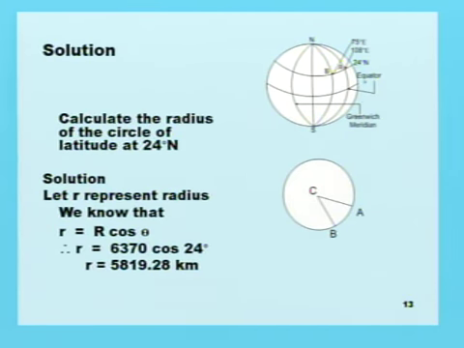Substituting the values, we'll have small r is equal to 6,370 cos 24 degrees, which will give us 5,819.28 kilometers. And if you look at the diagram, it will help you to see the position of what is small r and what is big R. Remember that big R is the radius of the earth, 6,370 kilometers.